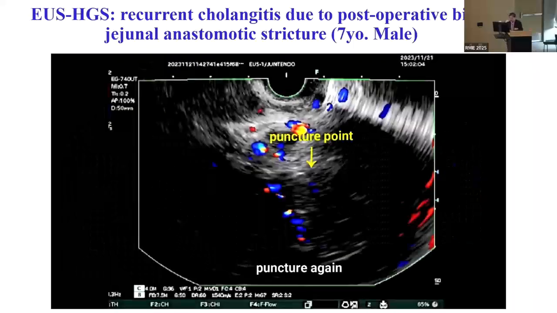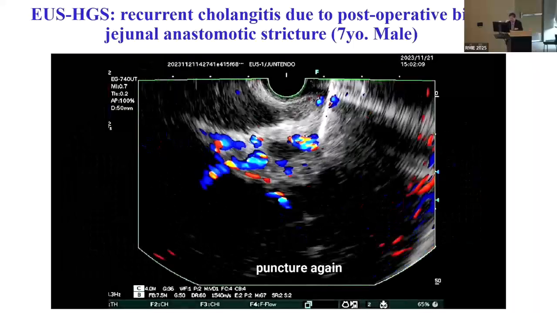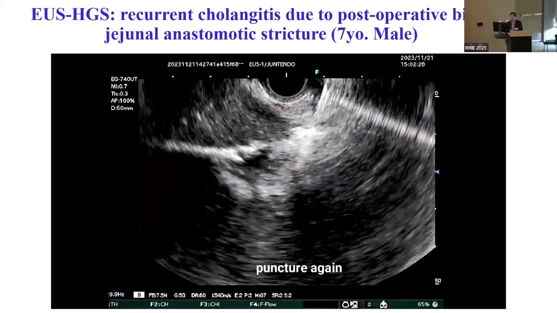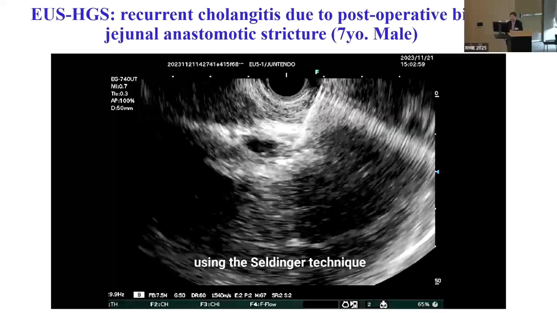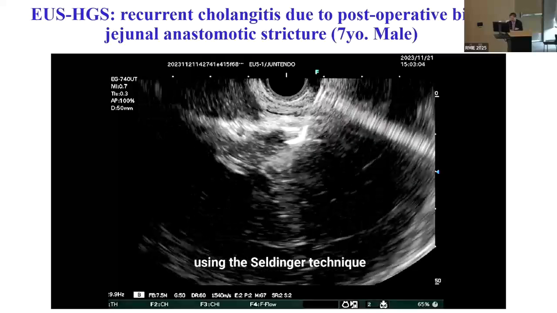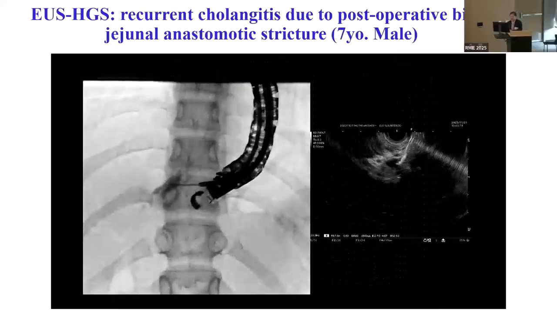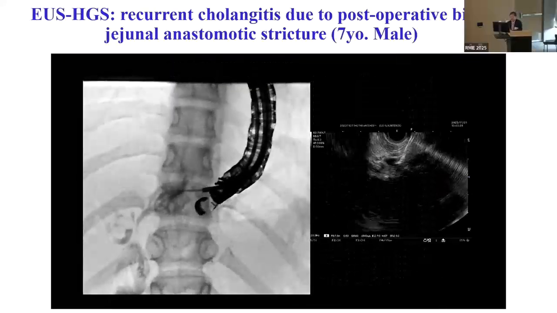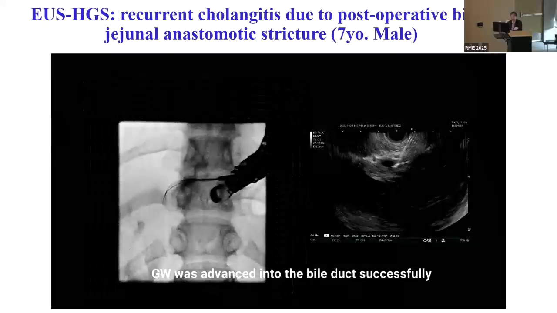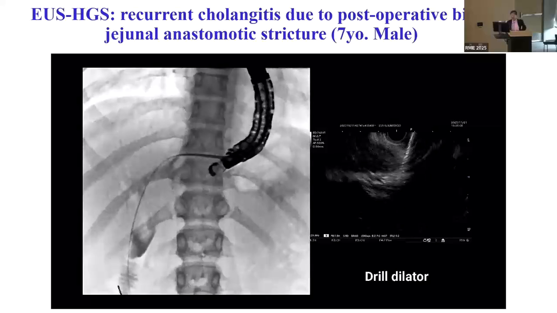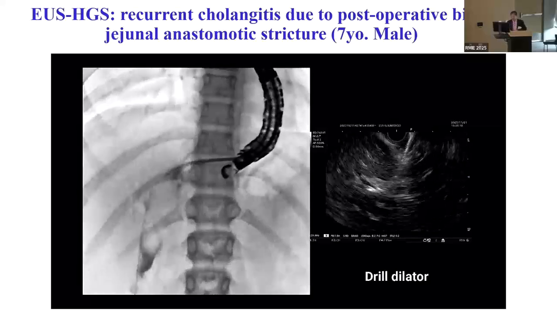Can you see the puncture point? A very small bile duct, but we can puncture with a 19 gauge needle because we have had much training in PTBD. Finally, we succeeded with a 19 gauge needle, insertion of the wire, drill dilator, and additional balloon dilation.